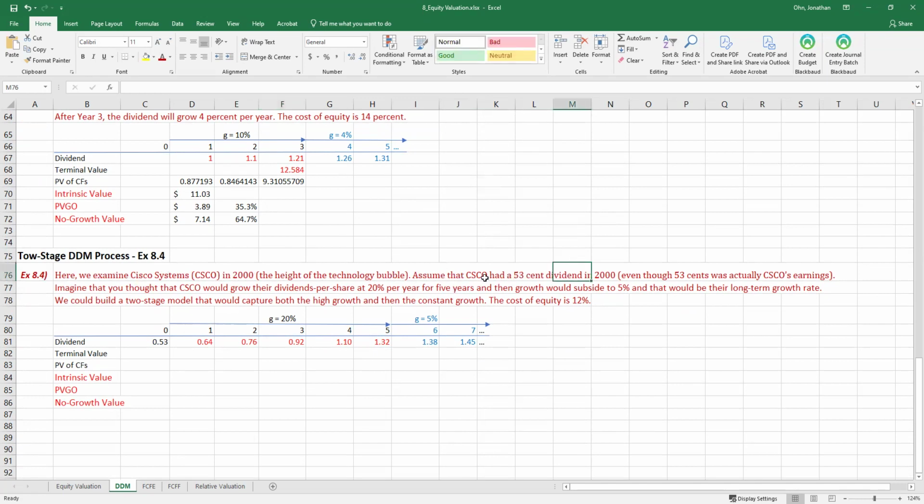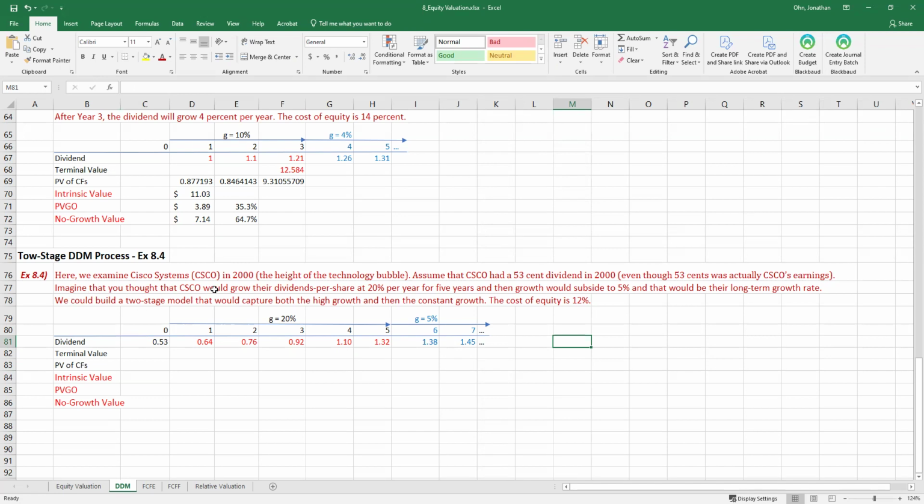So the already paid dividend is 0.53. That is not relevant because we are looking at the future expected cash flow. So using this one, we will calculate the expected dividend next year and the following year.